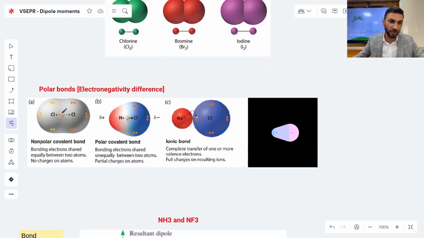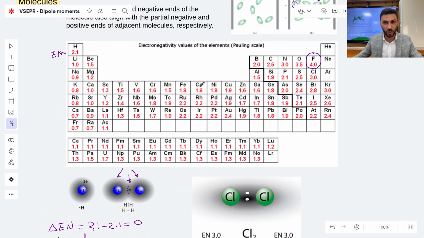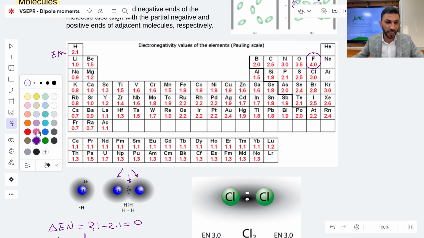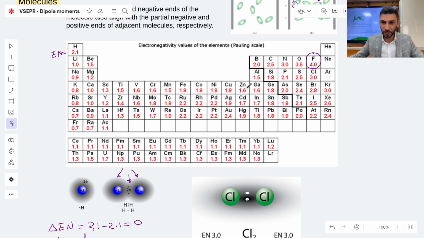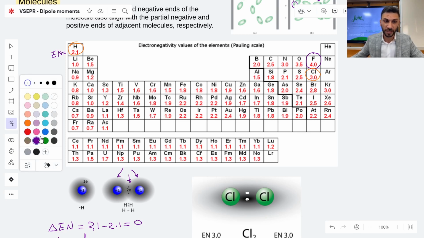What if the atoms are now bonded to different atoms? For example, if we have chlorine and chlorine, it's shared evenly, non-polar. Chlorine and hydrogen are shared not evenly. Let's check the periodic table. The electronegativity for chlorine, you will find, is 3. Compare it with hydrogen, and you will find it's different. It's not the same.